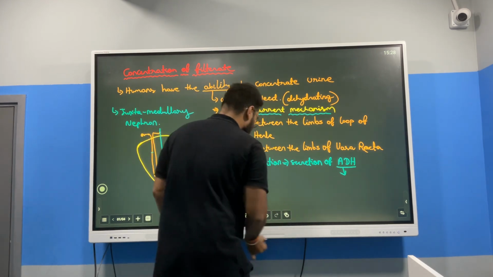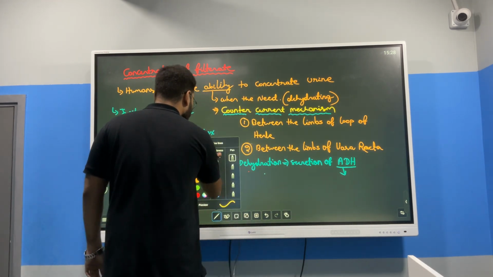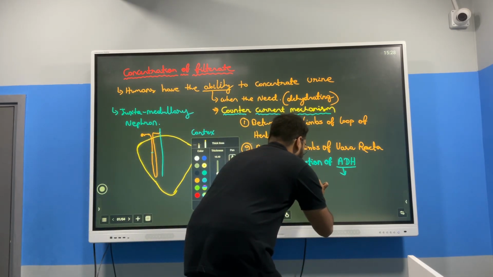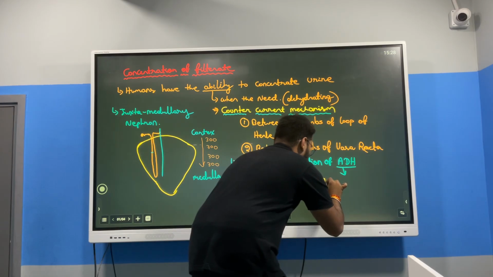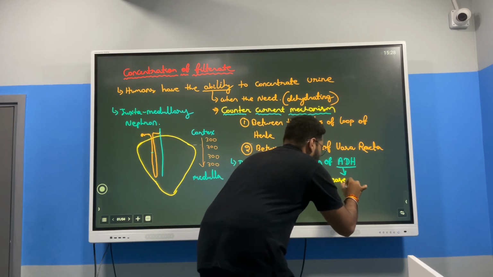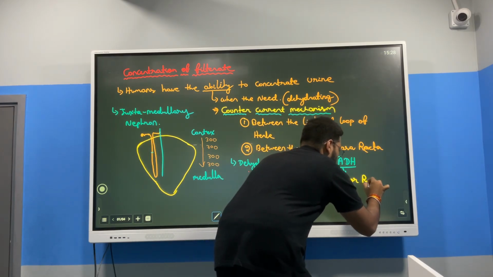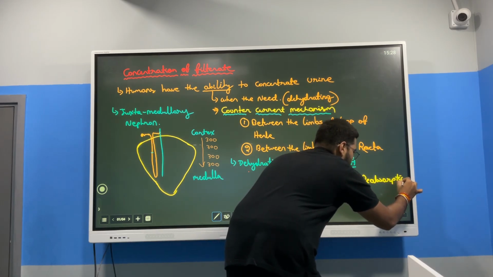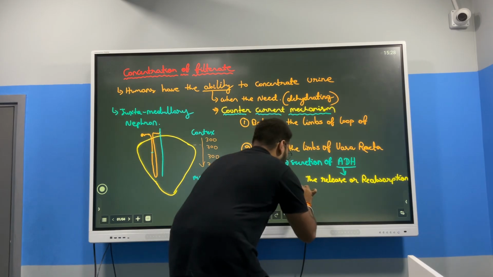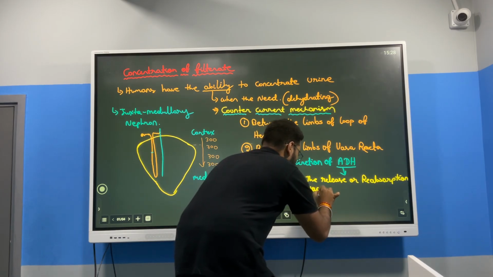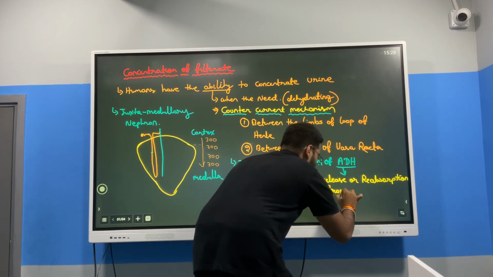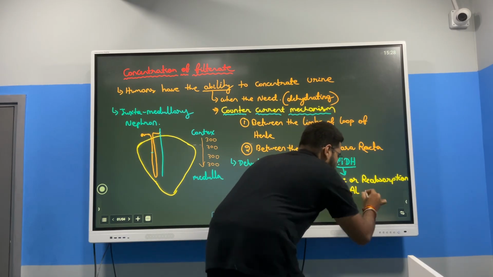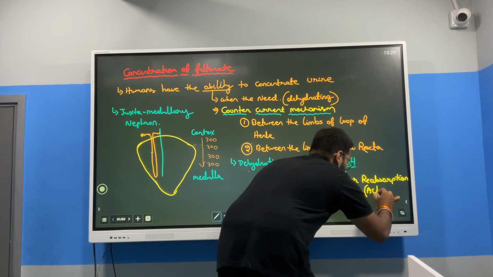They will ask for the reabsorption of NaCl from where? From the ascending limb of the loop of Henle, and this will happen actively.